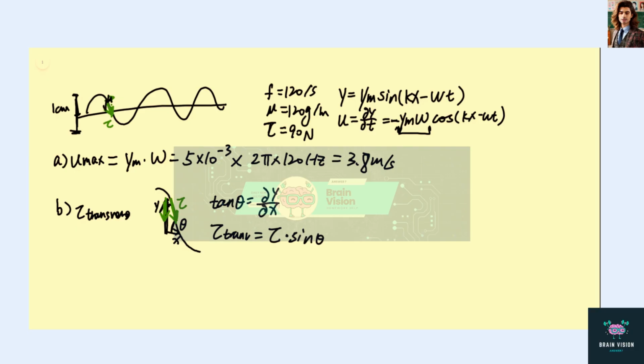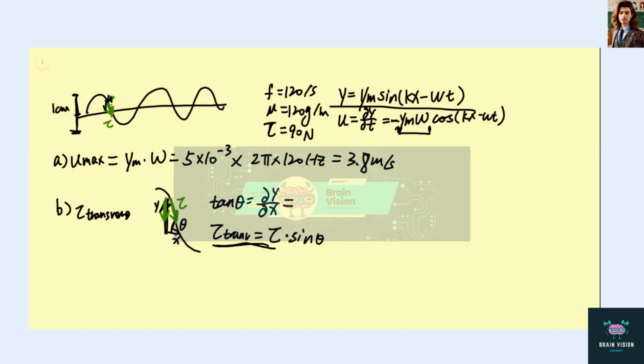So we need to use dy dx, like we will take the derivative of this equation with respect to x to find what tangent theta is, and then we will take the maximum value of that. We will take the maximum value of theta to find what the transverse tension is. Okay, so let's first take this derivative.